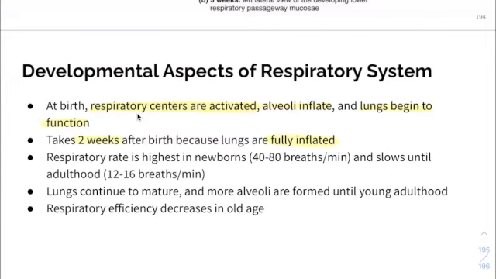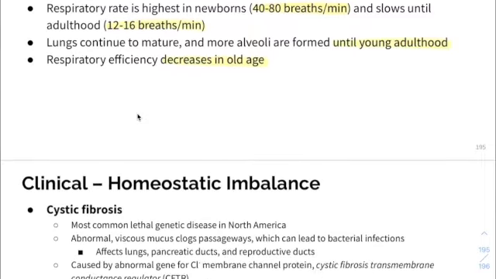A normal respiratory rate for a newborn is 40 to 80 breaths a minute, versus an adult at 12 to 16. Your lungs aren't completely developed until you're a young adult, and your respiratory rate continues to decrease as you get older.